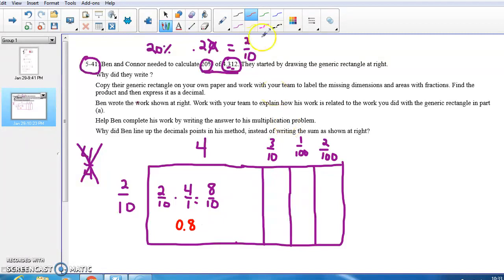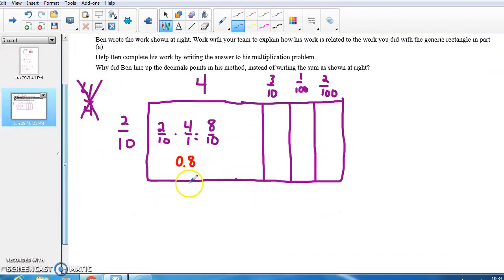Now we're moving on to this particular rectangle, and I'm going to write my information underneath, because I'm afraid if I try to fit it in here, we're not going to have enough room. So the area of this, I'm going to put a little arrow, the area of this is 2/10, because that's the height of this rectangle.